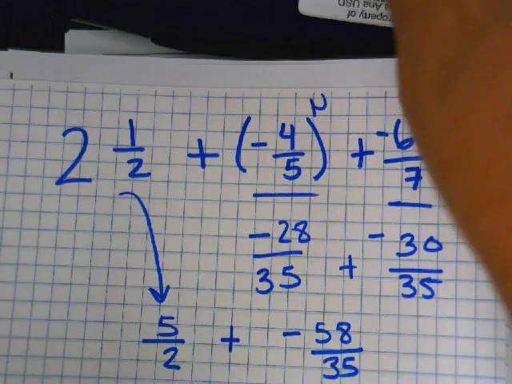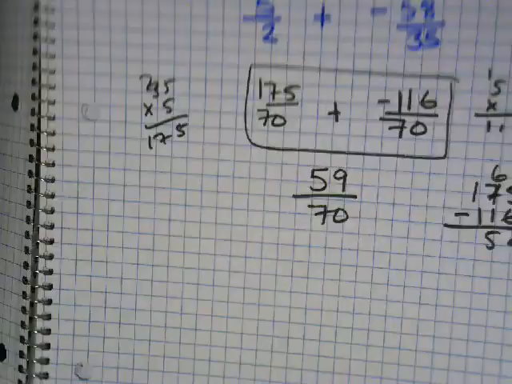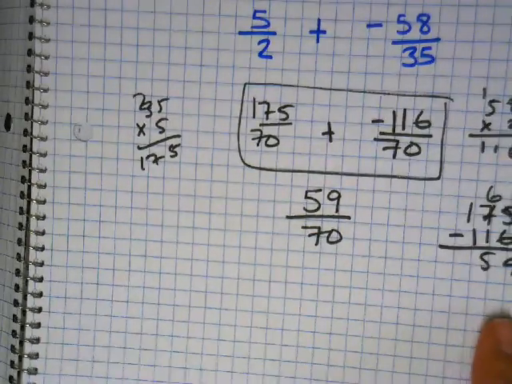Is there a 9 involved? Yes. Is there a 4 involved? No. Is there a 5 involved? Yeah. That's what I got. Woo, we did it.